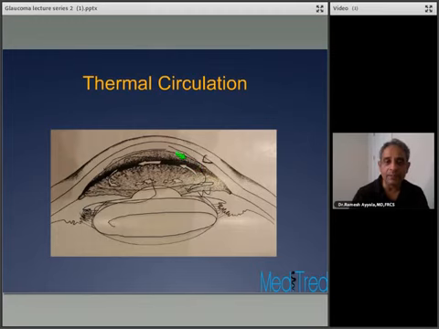It rises up. So it goes in touch with the cornea, and the cold cornea cools it down, and then the cold liquid tends to go down, which is where this thermal circulation goes continuous. So the aqueous that's coming out from the pupillary margin is going to become cold, comes down, gets warm, goes up.